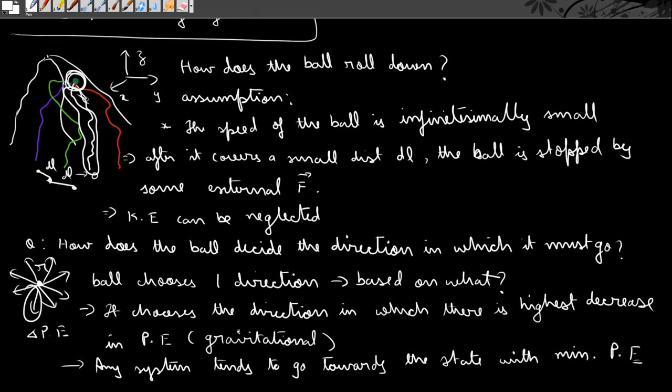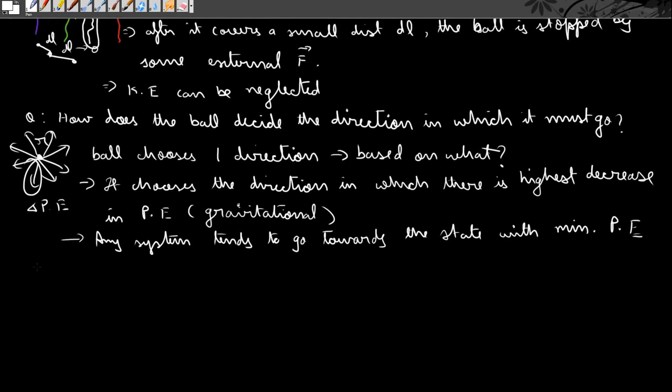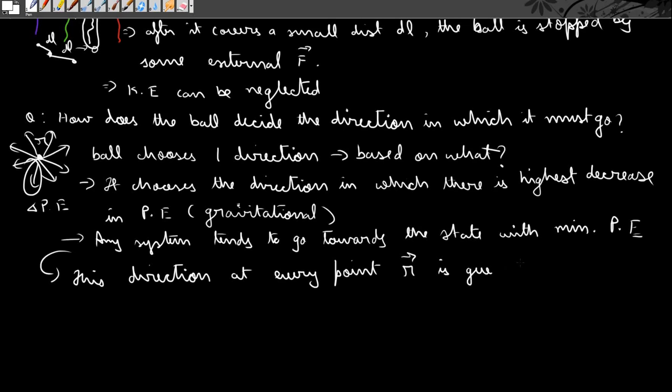Okay. So to be more mathematically precise, this direction at every point R is given by the direction of the gradient of the potential energy function.